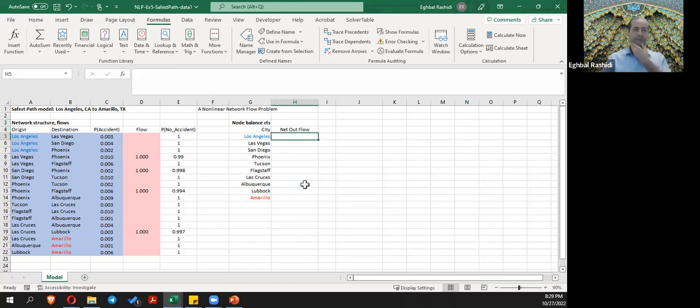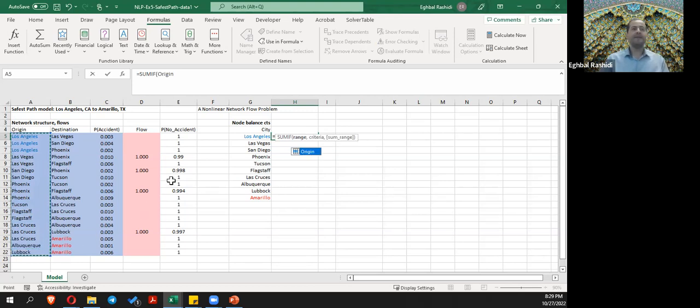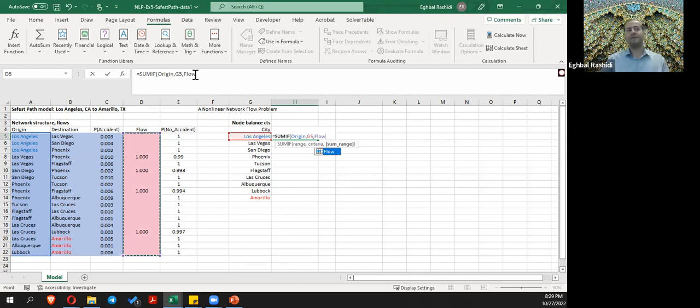And I'm going to use SUMIF, the range, I'm going to go with origin first, and then the criteria, which is this city, and then the flow. So it says flow, origin, G5, the city, and the flow.